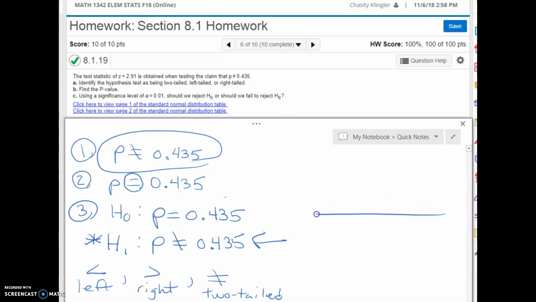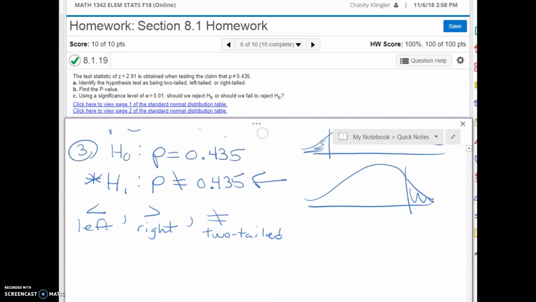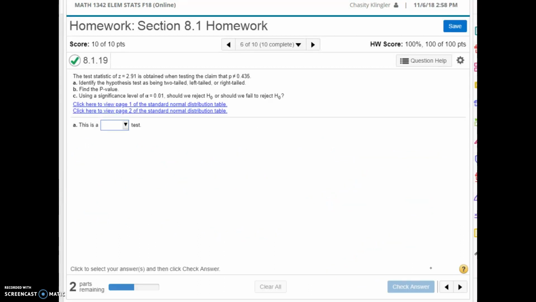And if you think about your normal distribution, less than would be the shaded to the less, greater than would be greater than that critical value, and then two-tailed would be where both tails are symmetrical. So our first question is just asking what tailed it is. Because of the not equals, we're two-tailed.